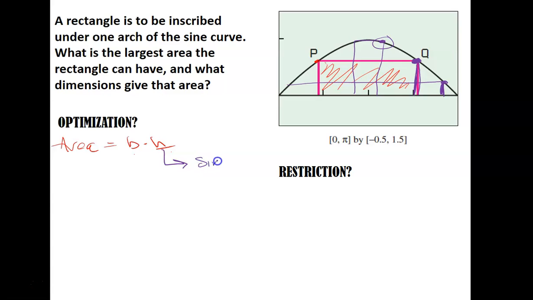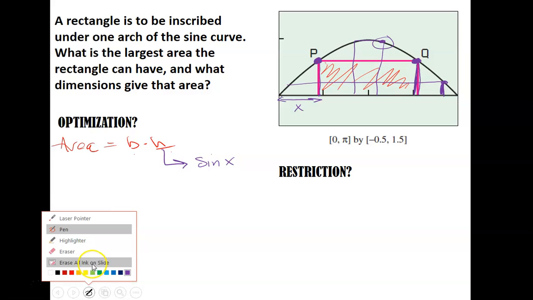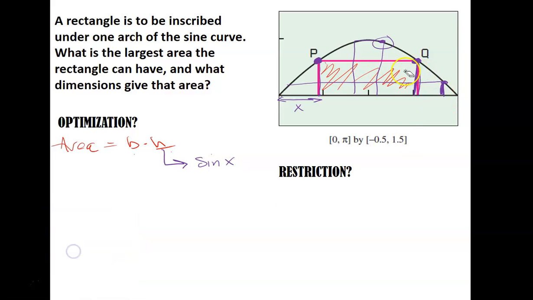So I can call my height sine x. That means I'm calling this distance right here x. If that distance right there is x, then if you go over to x and go up to the curve, that y value at that point is the height of my rectangle, the height of the curve. No matter where, and again, there's a ton of different possibilities for rectangles here.